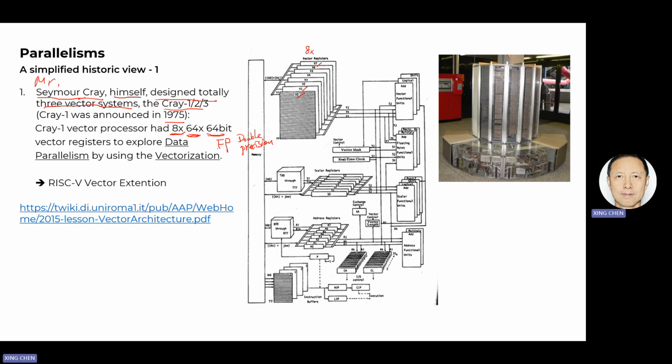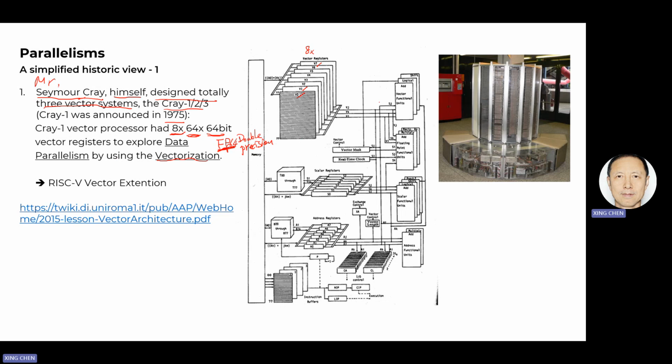And this is the standard for science and technical computing, because we need floating point with 64 bits. FP64 is the workhorse for the HPC industry for science and technical computing. So what we can understand is that Cray started the way with vectorization to explore data parallelism.